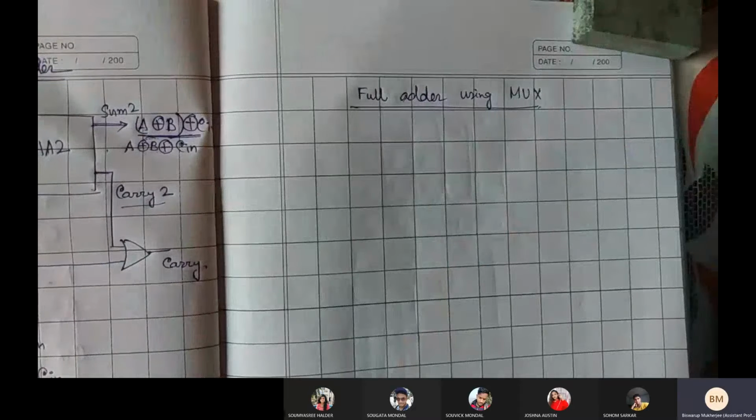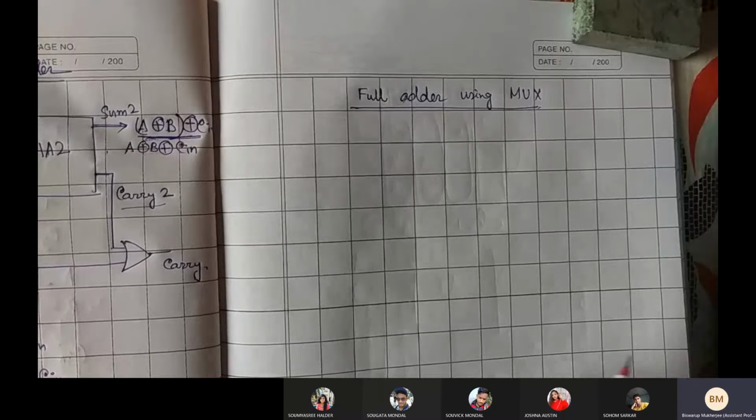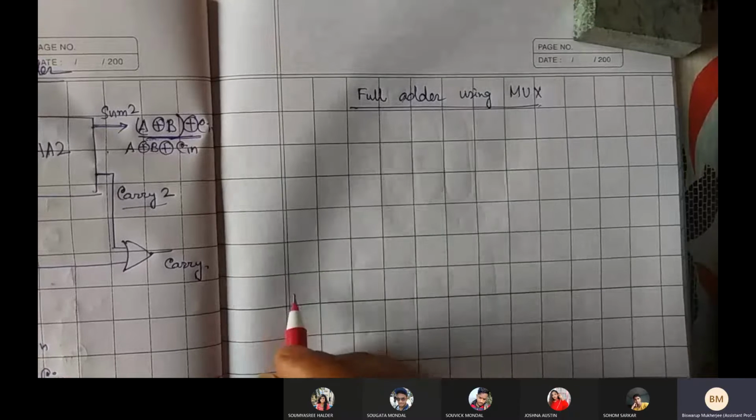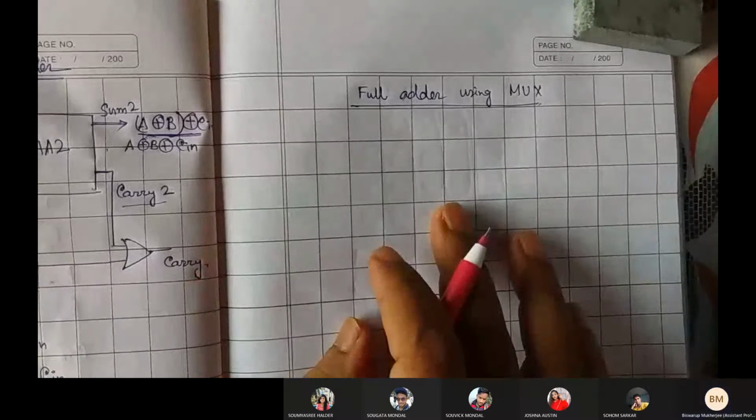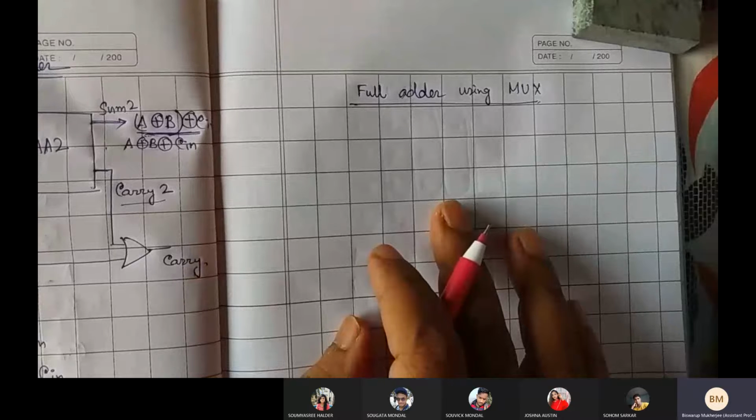We know that using a multiplexer we can make any combinational circuit. So we can make a full adder also, of course. Let us try to make it with the help of a multiplexer.